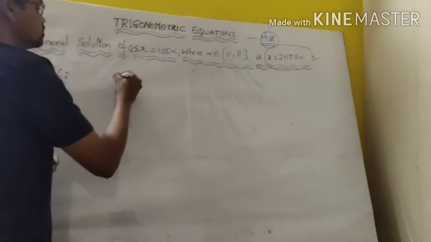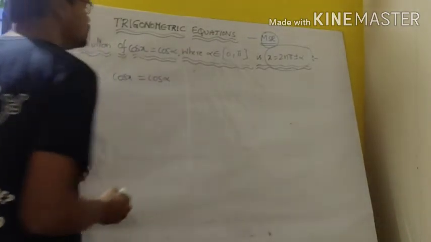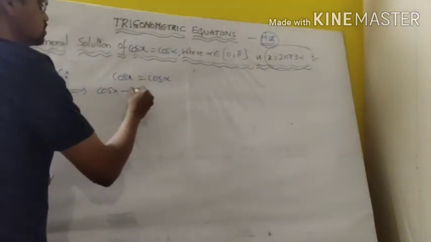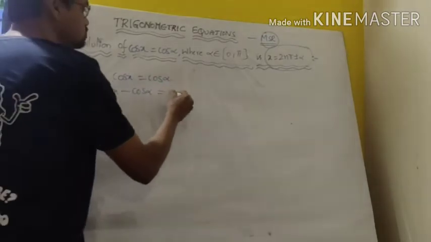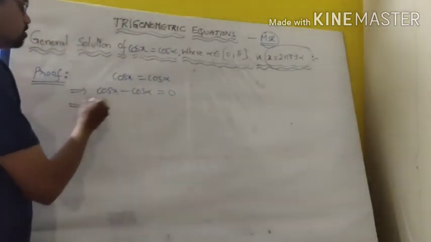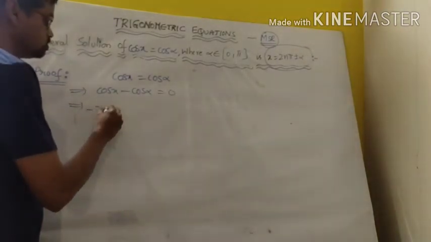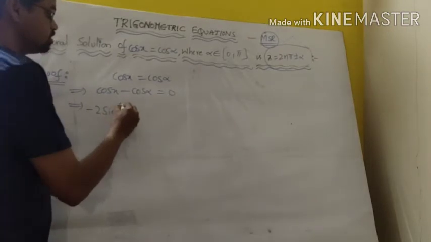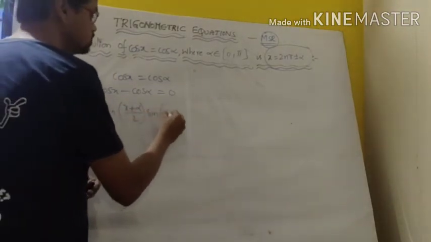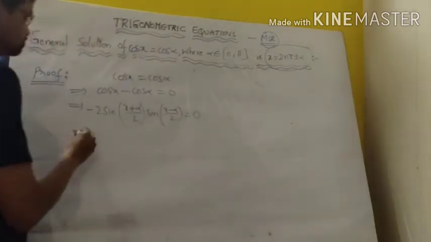So cos x equals cos alpha. Next step, when you bring this to one side, it becomes cos x minus cos alpha equals 0. Again, if you apply the cos C minus cos D formula, it is minus 2 sin of (x plus alpha) by 2 times sin of (x minus alpha) by 2 equals 0.